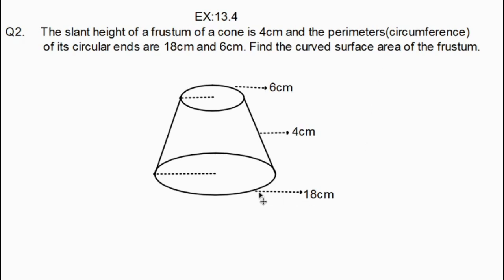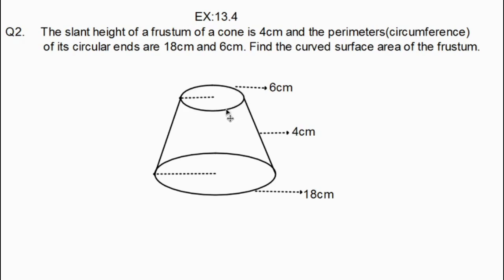The bigger circumference is 18 cm, the smaller circumference is 6 cm, and the slant height is 4 cm. To find the CSA of a frustum, we need the two radii and the slant height, but the two radii are not given. So from these two given circumferences, we will try to find the radii.